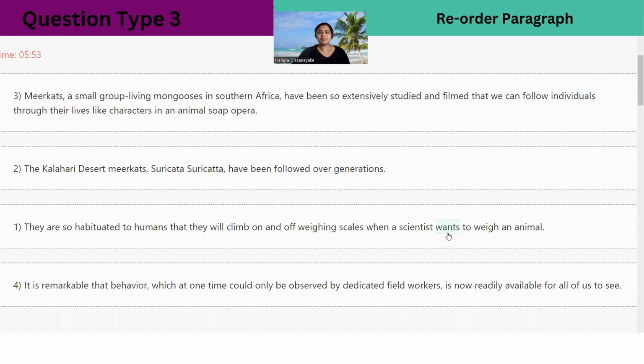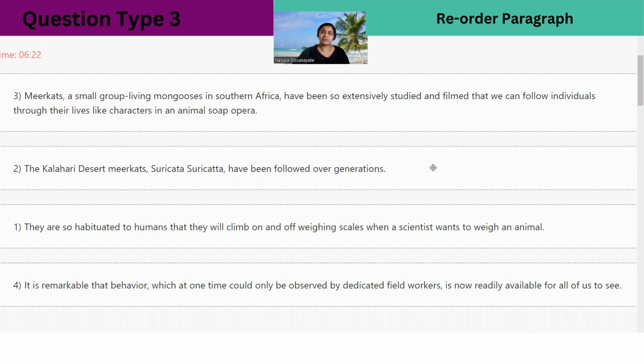When scientists do some particular experiments, for weighing and climbing on and off, these particular species have become habituated to humans. So this is the behavior, and then it is that behavior. It is remarkable that behavior, which at one time could only be observed by dedicated field workers, is now readily available for all of us to see.